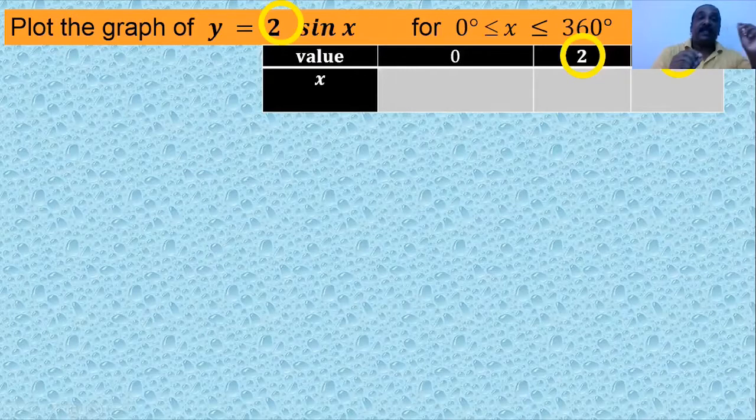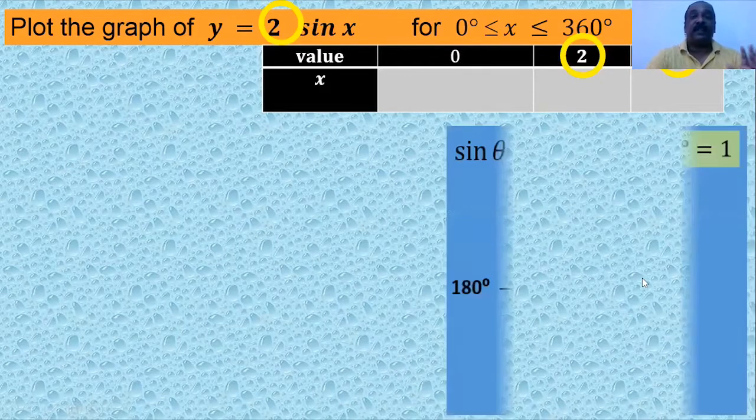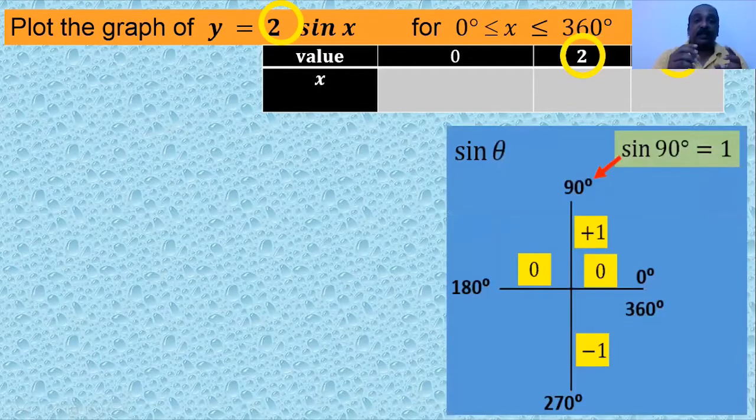So apakah nilai di hadapan? Itu yang perlu anda tuliskan di dalam table ini. 2 and negative 2. Okay. After that, I will refer to the graph yang kita buat tadi, the crosses here, all the information here. Then from this information, I will see, okay, value kosong is given by what angles?